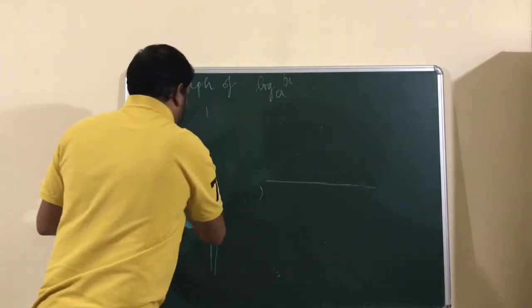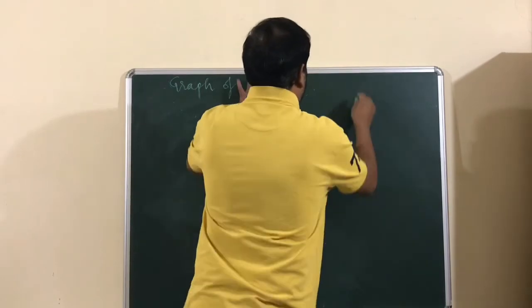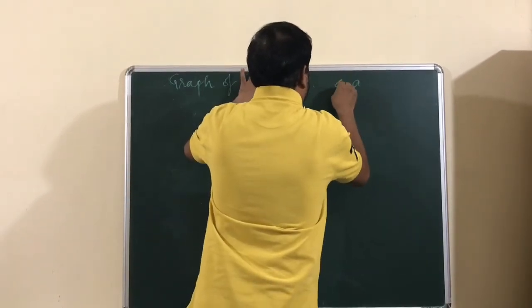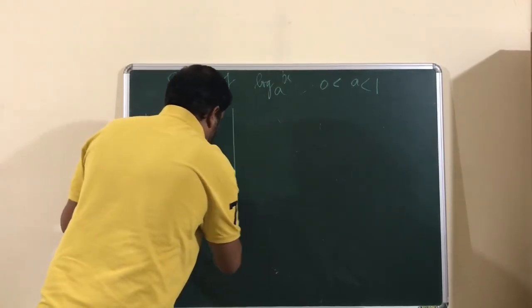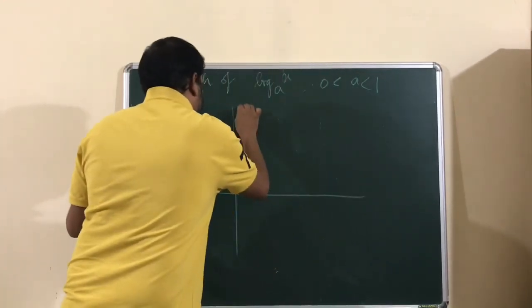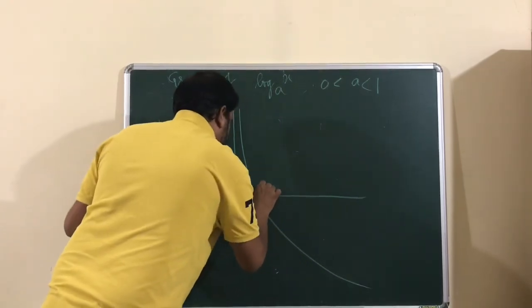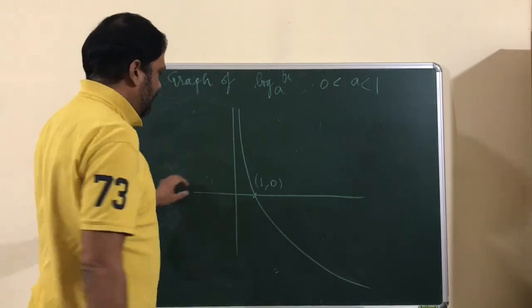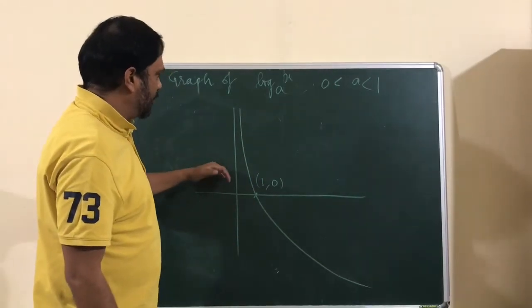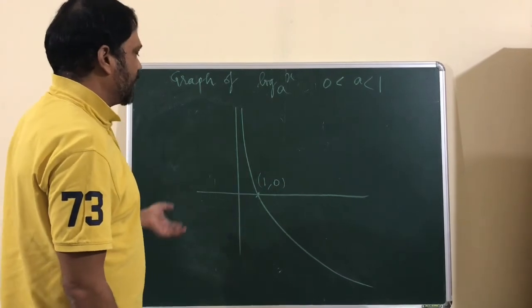And when we keep a less than 1, that is, a is greater than 0 but less than 1, in that case you'll observe this kind of graph there. The moment you write a value slightly more than 0, in log of x base a you will get plus infinity.